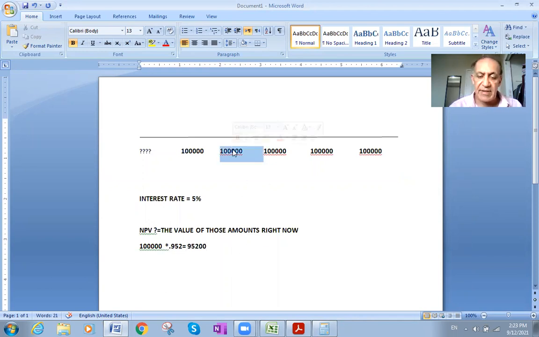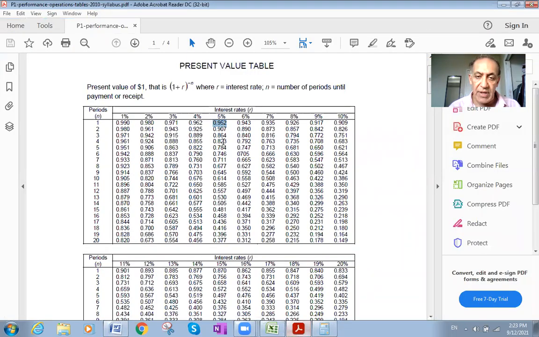Second amount, the same thing, Control and C, and we'll go back to see what the amount will be. This is for the first year. This is the second year, Control and V, times also. I will go to the financial tables and see the 5% within the second year, how much it will be. Under 5%, this time I will take the second year.